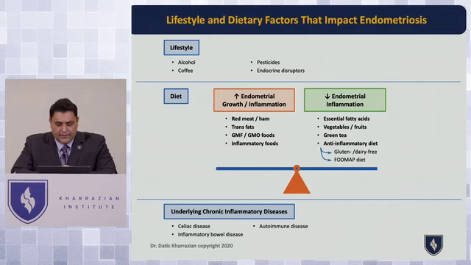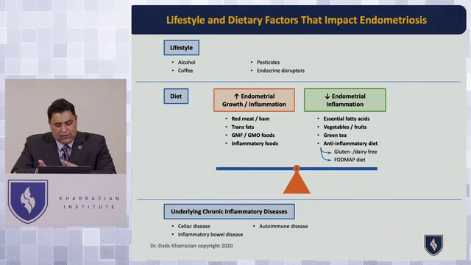When you're looking at pathways involved with lifestyle and diet, the key things that have been shown to impact endometriosis are alcohol, coffee, pesticides, endocrine disruptors, things that impact endometrial growth, red meat, ham, and trans fats. These all increase prostaglandin 2. Studies have shown GMO foods increase prostaglandin inflammation with endometriosis.